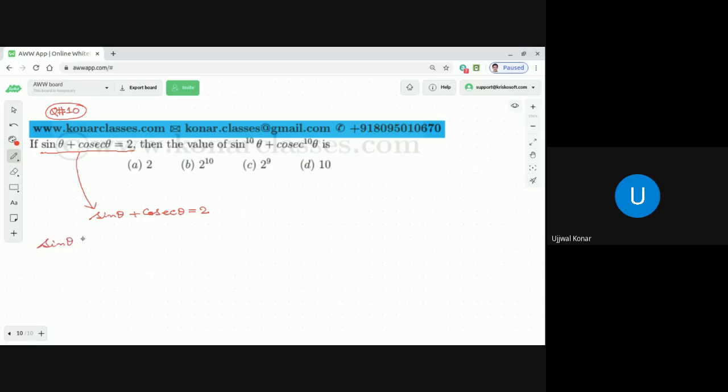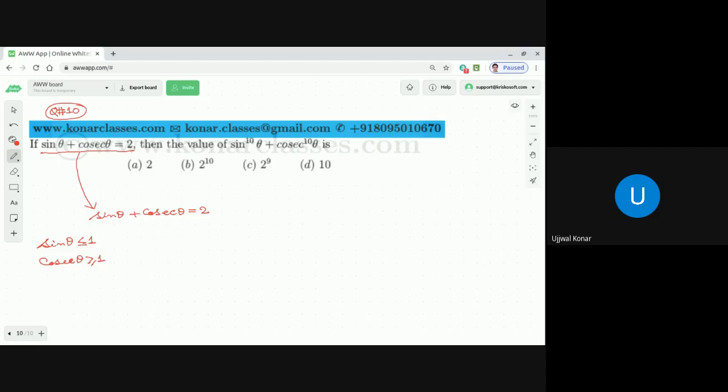Then sine theta plus cosec theta is equal to 2 is only going to be possible if both sine theta and cosec theta are equal to 1. All of you agree with me? Otherwise, this equality doesn't make sense.